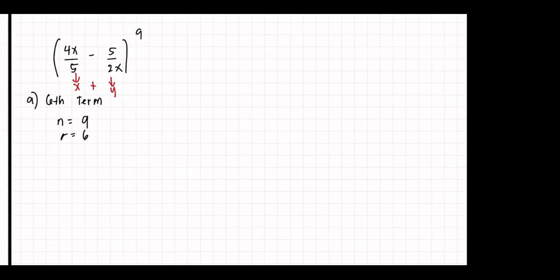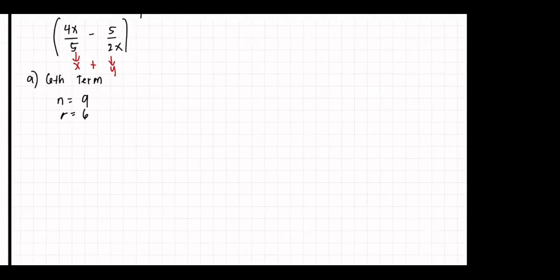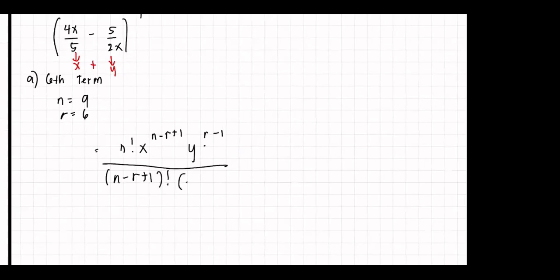Then just using our formula again para makuha yung r-th term natin. So yung formula natin is n factorial times x raised to n minus r plus 1 times y raised to r minus 1, all over n minus r plus 1 factorial times r minus 1 factorial.